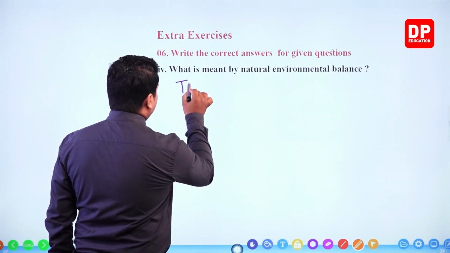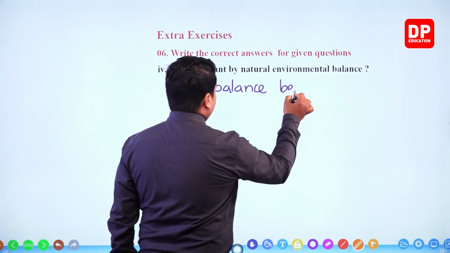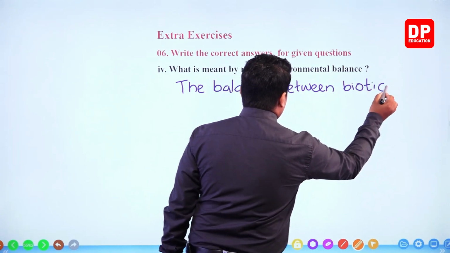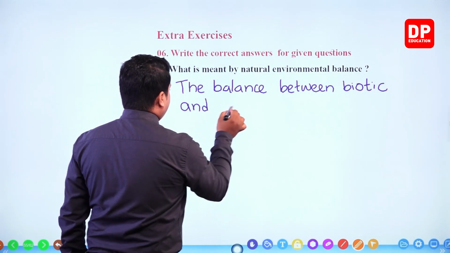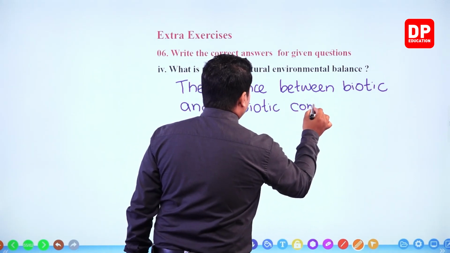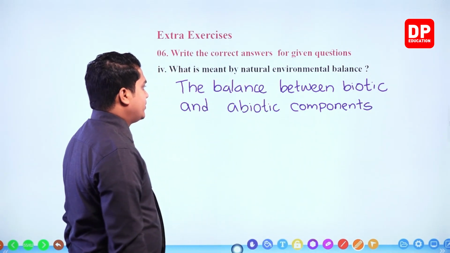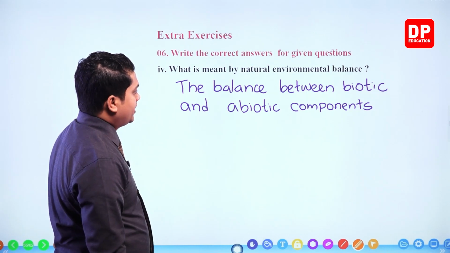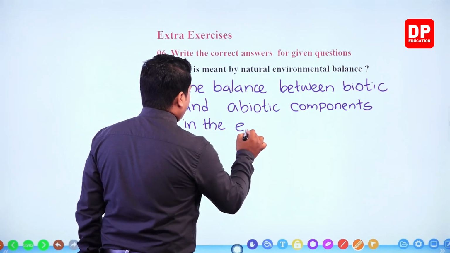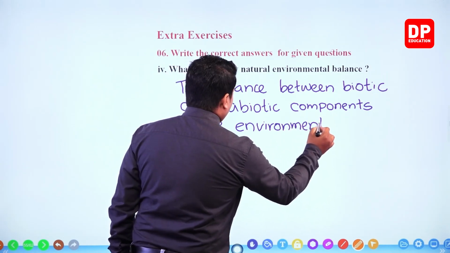The balance between biotic and abiotic components in the environment.